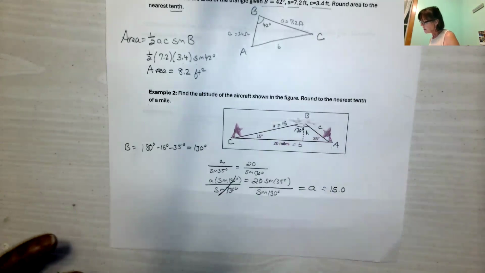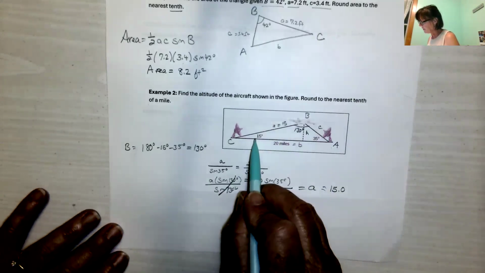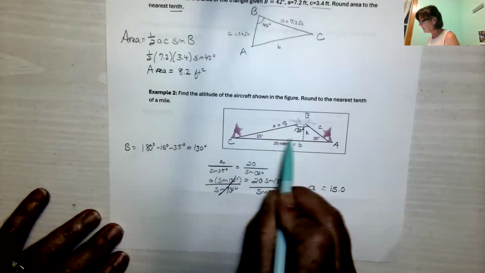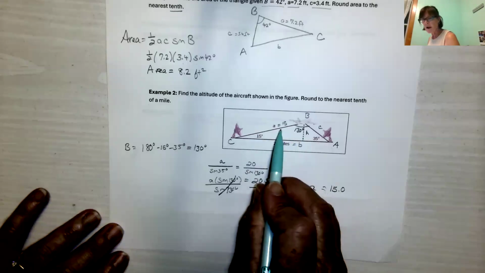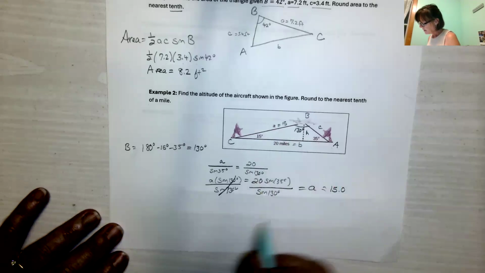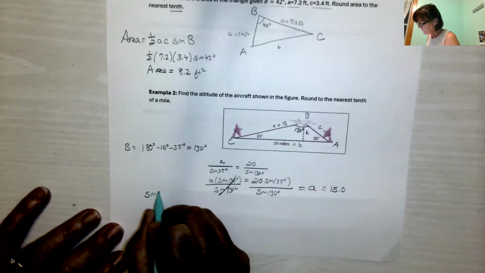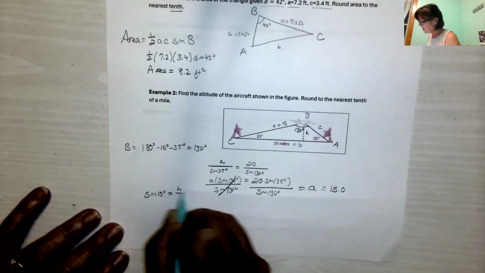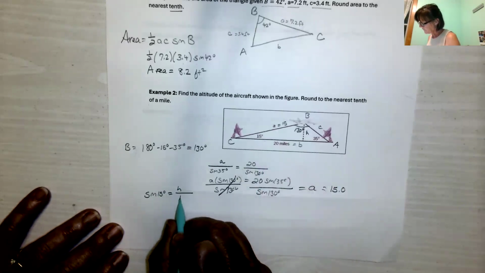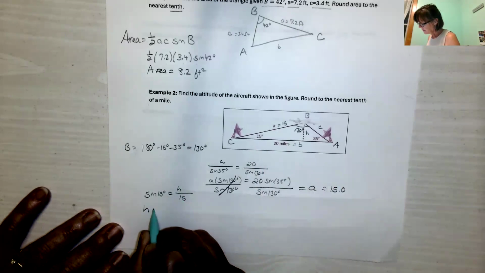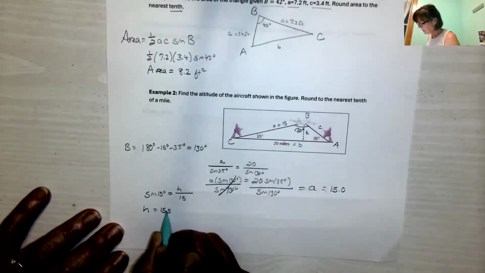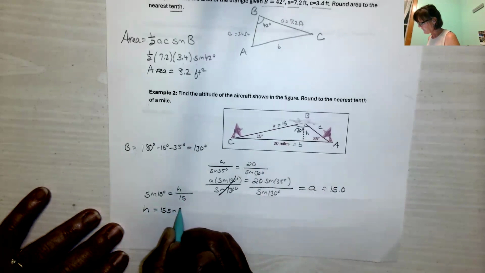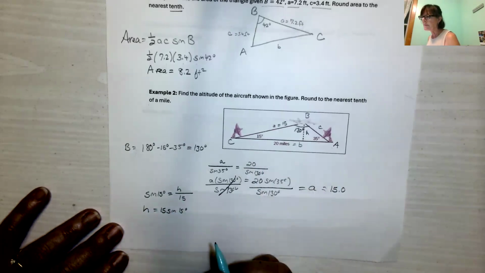And I'm going to say, you know what? The sine of 15 degrees is opposite h over hypotenuse 15. So h is equal to 15 times the sine of 15 degrees.